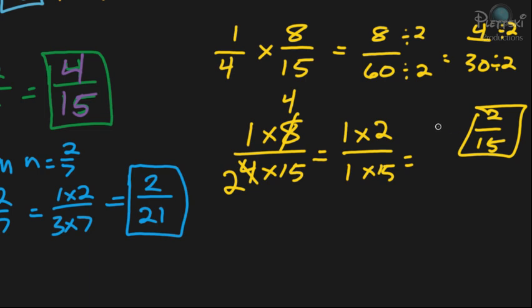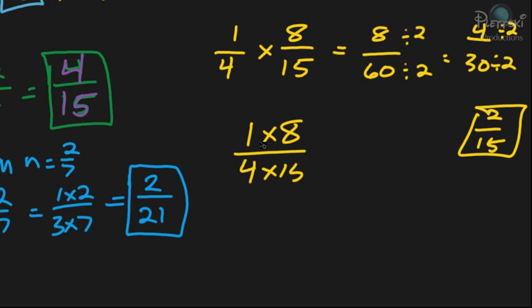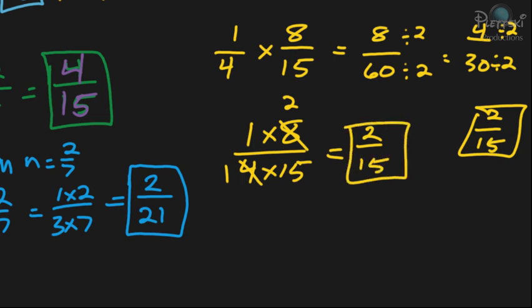And you'll get the same answer, 2 over 15. Or you could have just seen that right away, that you could divide both by 4. So if we divide the 8 by a 4, well, 8 divided by 4 is 2, and 4 divided by 4 is 1. Now you have 1 times 2, which is 2, and 1 times 15, which is 15. And that's how you would do a problem like that.